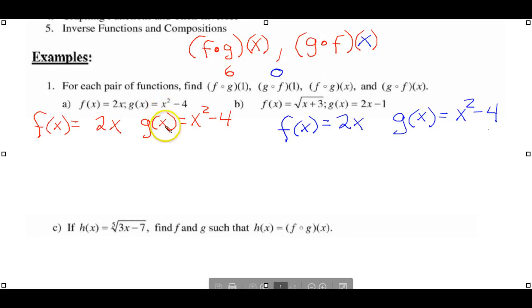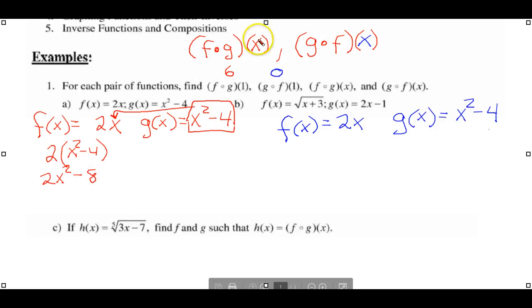So G then, this is our x. We're going to take this and bring it where the x is here. So F composed of G, this is what our x is. We're going to bring it here. So we then get 2 times x squared minus 4, and we just distribute: 2x squared minus 8.